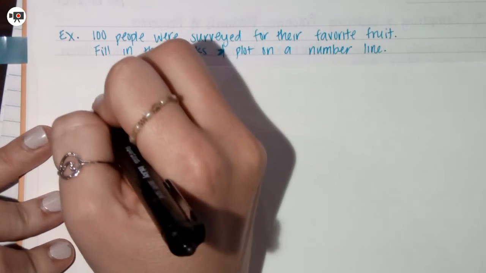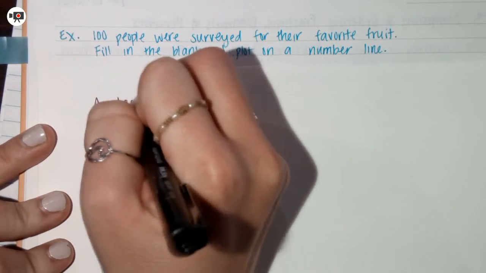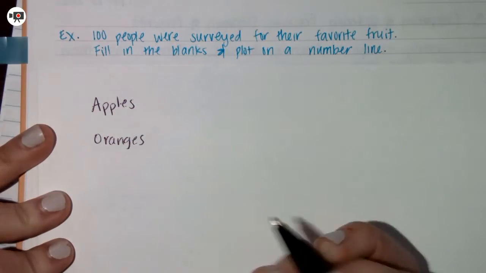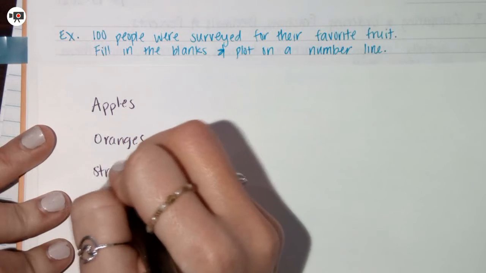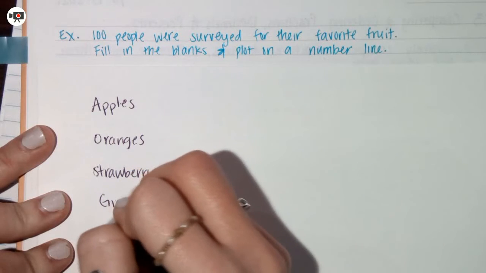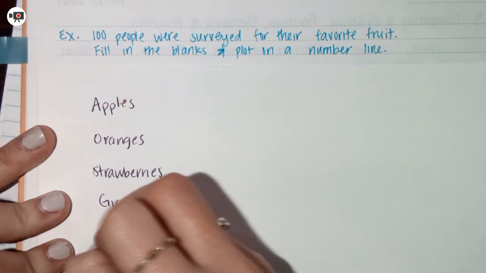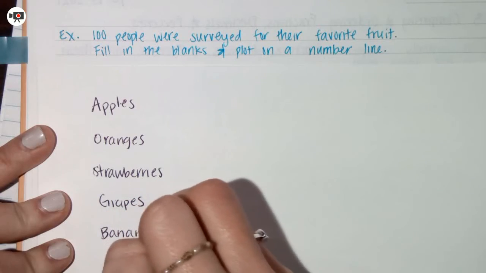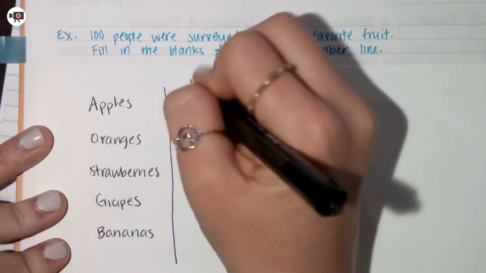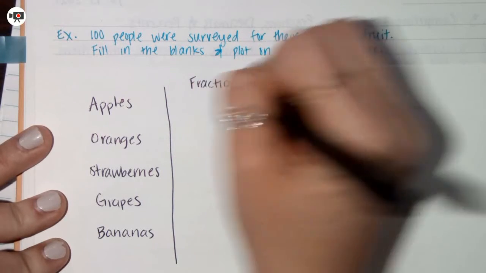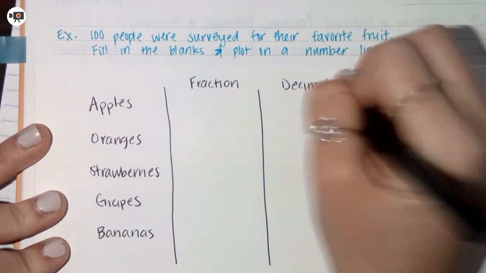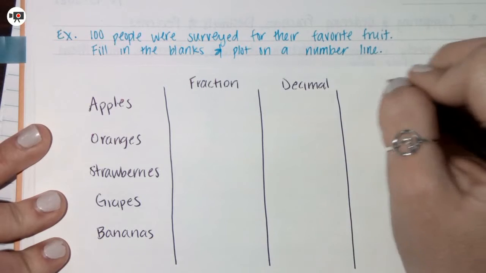So we have fruits such as apples, oranges, strawberries, grapes, and bananas. I'm going to have fractions, decimals, and percents.